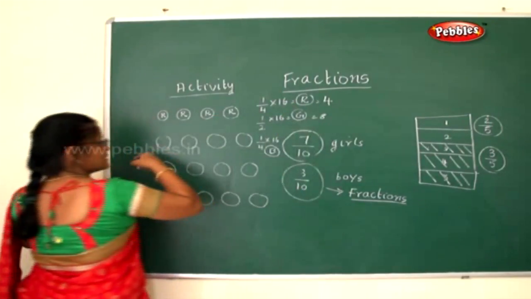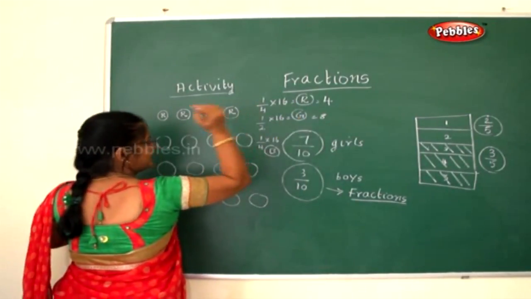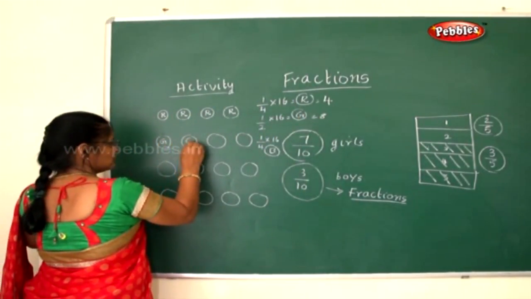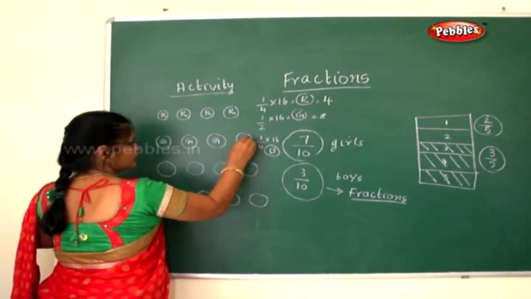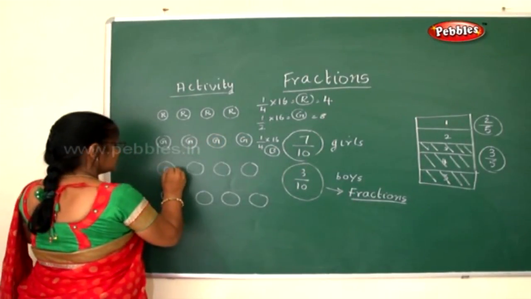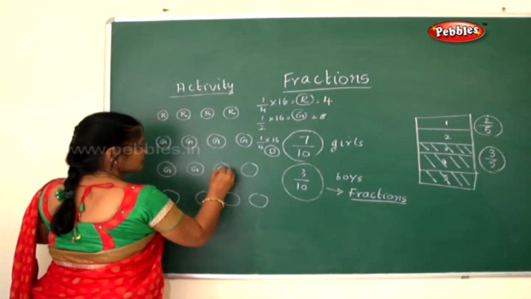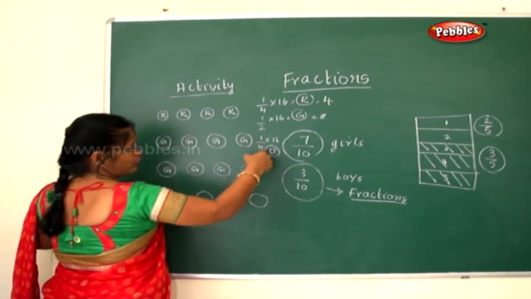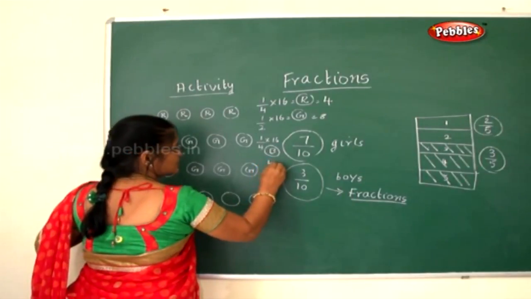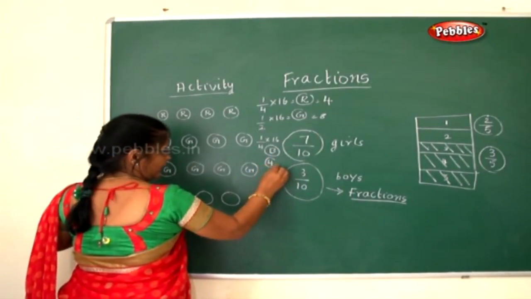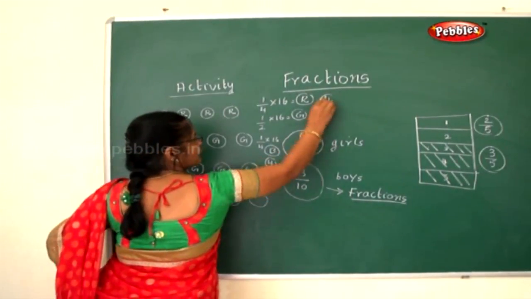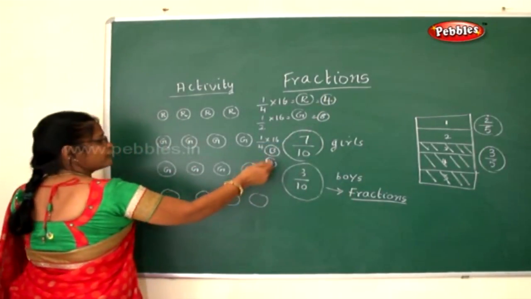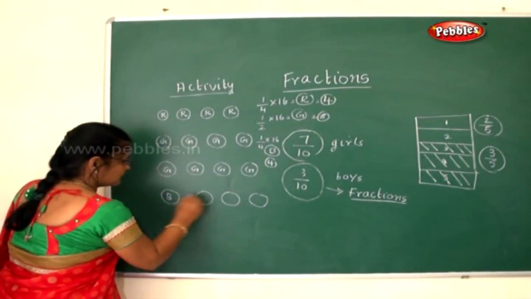So these 8 circles I have to color with green. Now the next one is 1 by 4 of 16, which is 4. These 4 I have to color with blue.